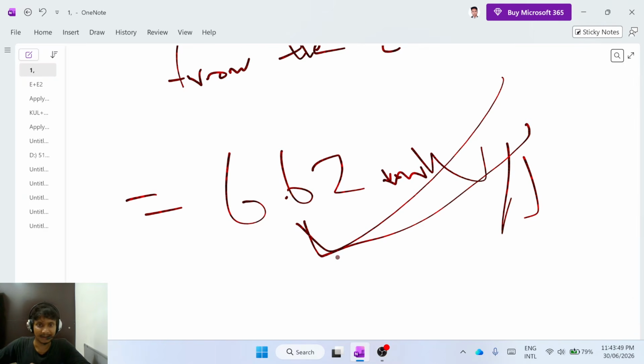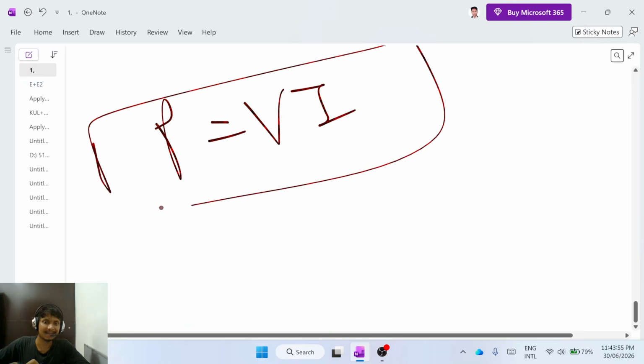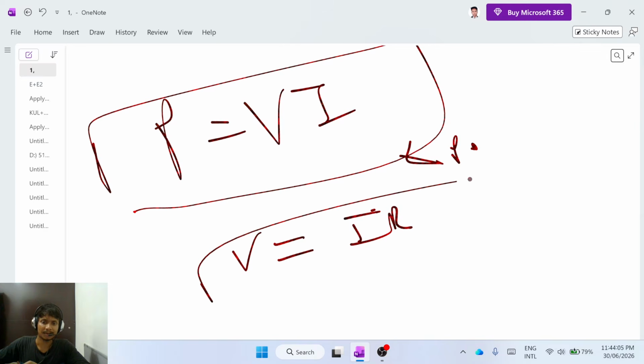Very simple. Here we must only memorize these simple equations. P is equal to VI, the equation of power. V is equal to IR according to Ohm's law.